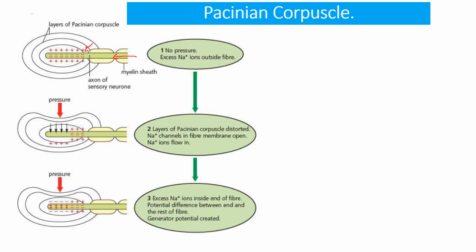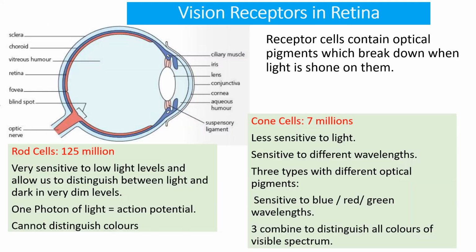But then when pressure is applied, that causes the stretch-mediated sodium channels to open, and that means the sodium can then rush into the sensory neuron, and that changes the charge on the sensory neuron. It becomes positive on the inside, and as you will find soon, that is what causes an action potential. And what we say is it reaches a charge where it becomes a generator potential, and it gets positive enough to cause a nervous impulse.